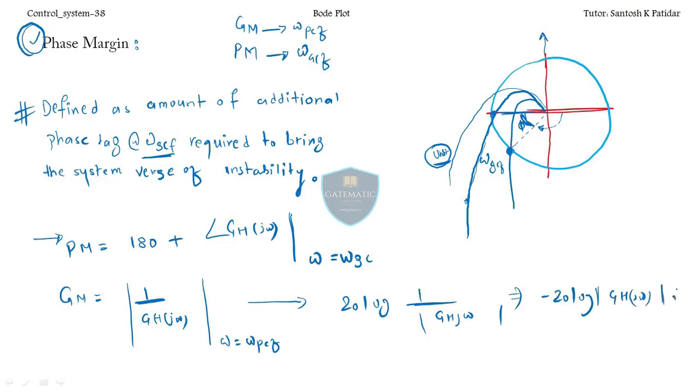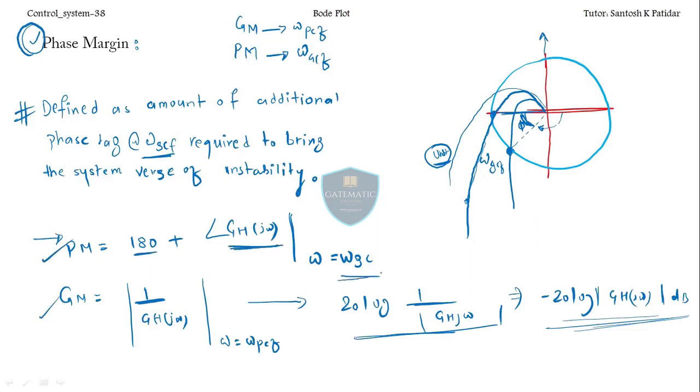So this is in dB. The gain margin in dB is minus 20 log this, or you can take this one only, 20 log 1 by magnitude. Okay, so the gain margin is given by this formula, the phase margin is given by this formula, 180 degree plus the angle of system at omega GC.